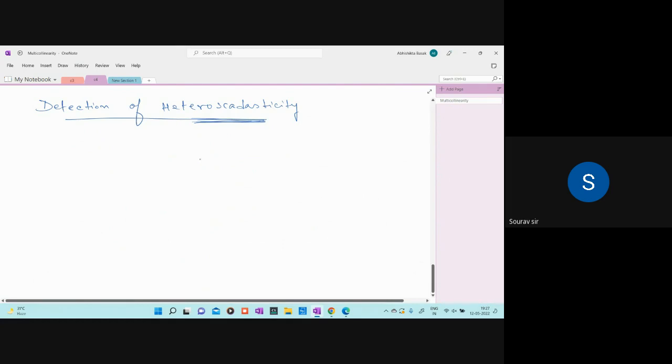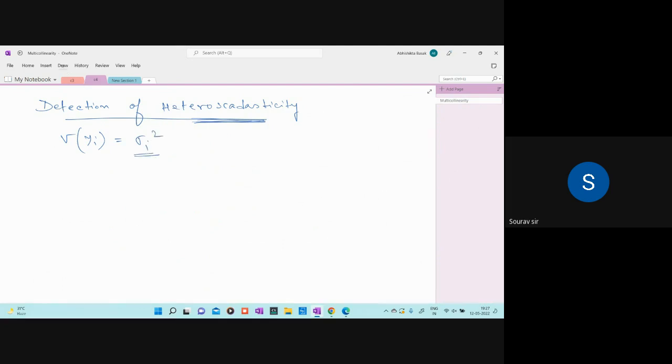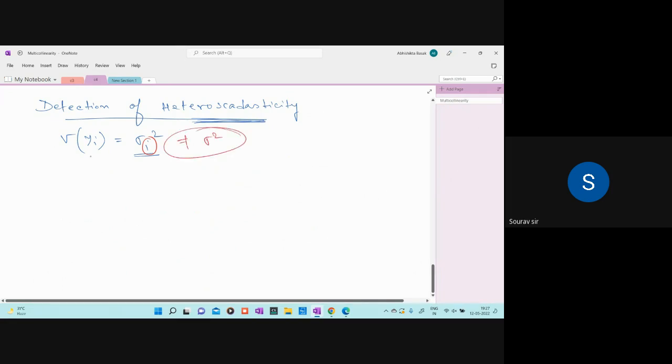Can anyone tell me the meaning of presence of heteroskedasticity? Suppose for any array type data set, the variance of yi is dependent on i. It is not actually the same sigma square for all i.